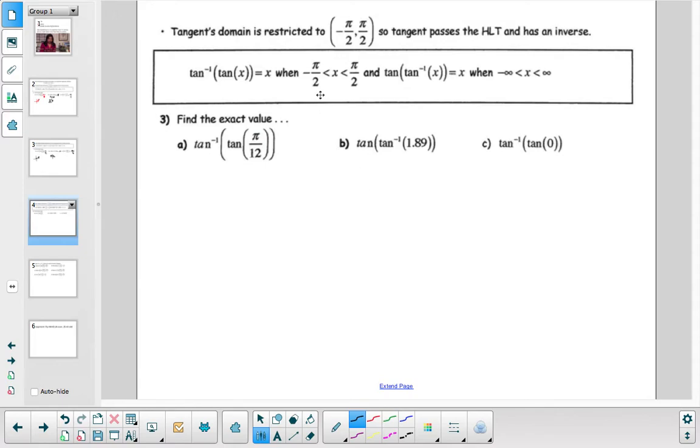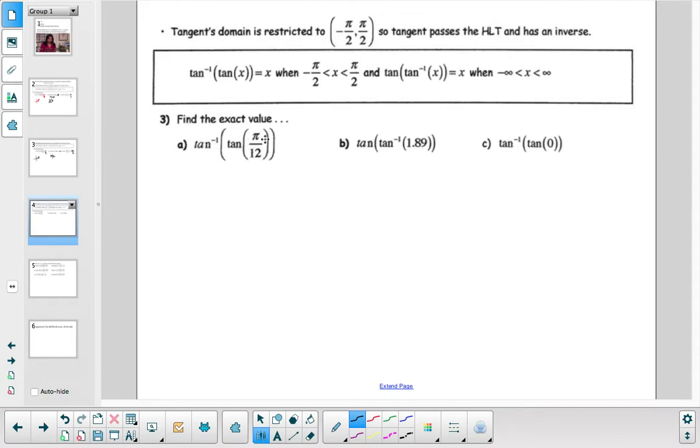With tangent, the restricted domain of tangent is -pi over 2 to pi over 2. We don't have a restriction on the range of tangent, right? It ranges from negative infinity to positive infinity. So the domain is unrestricted for inverse tan.